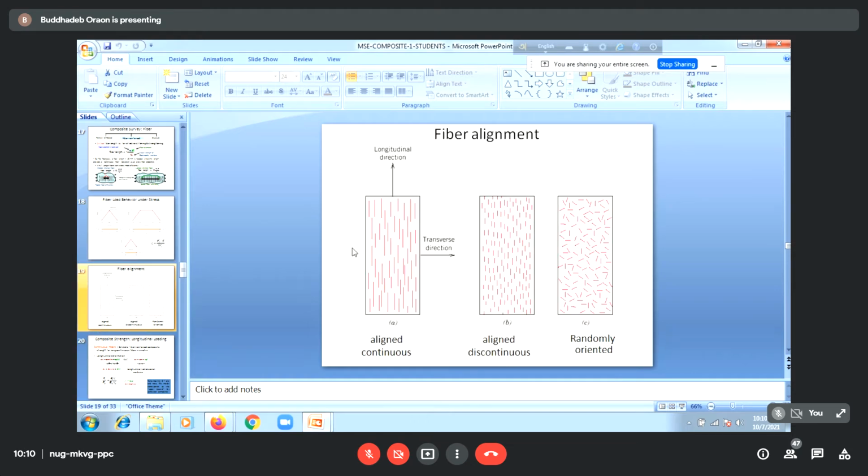Next slide, I have also shown you how we classify the fiber reinforced composite material into different types based on the length of the fiber.